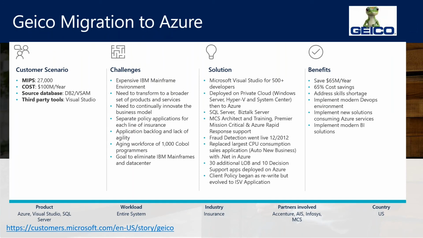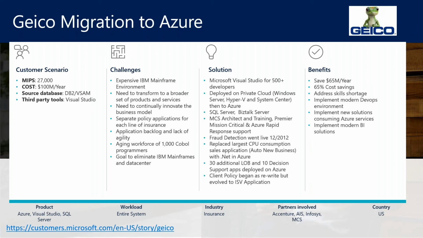A good example of a rewrite would be with Geico, another public case study. In Geico, they had a challenge where they had 3 separate policy management systems and wanted a single policy management system. So they started the process to rewrite their applications on the mainframe using Visual Studio and retrain their programmers to use that developer environment.